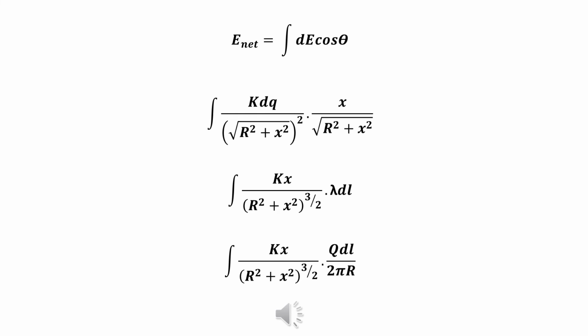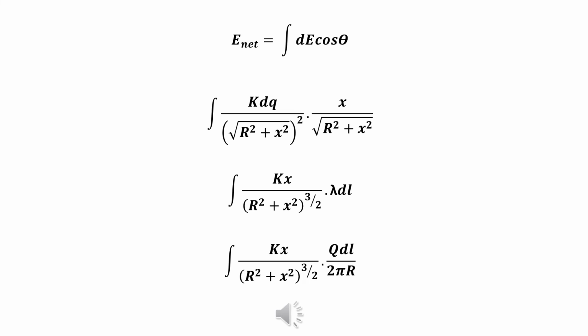As shown in the figure, we can consider each elemental charge dq of the elemental length dl as a point charge. As per the Pythagoras theorem, the separation between any point charge dq on the ring and the point A is square root of r square plus x square.